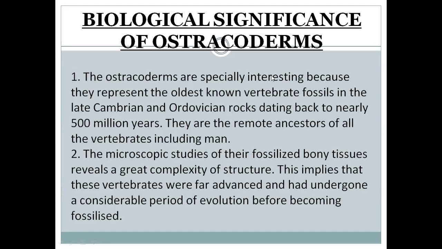The ostracoderms are especially interesting because they represent the oldest known vertebrate fossils, found in late Cambrian and Ordovician rocks dating back nearly 500 million years. They are the remote ancestors of all vertebrates, including man. Microscopic studies of their bony tissues reveal a great complexity of structure. This is important because it shows these ostracoderms were far advanced and had undergone a considerable period of evolution before becoming fossilized.